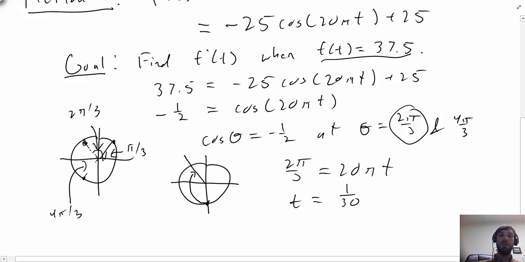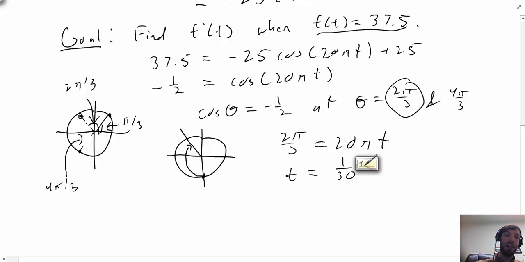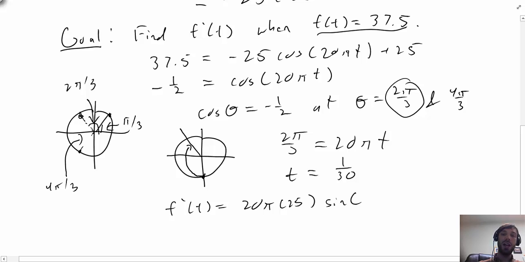And so now we do the easy part, the calculus, which is we compute f prime of t, which from our earlier formula is going to be 20 pi times 25 sine 20 pi t. And then we just plug in t equals 1/30th.